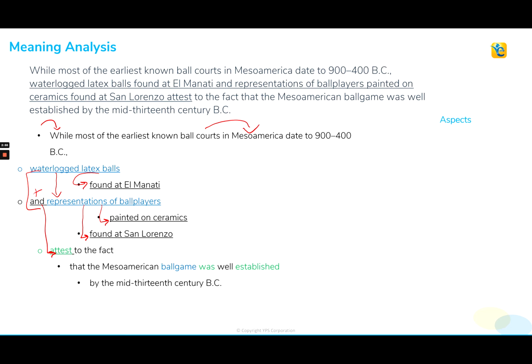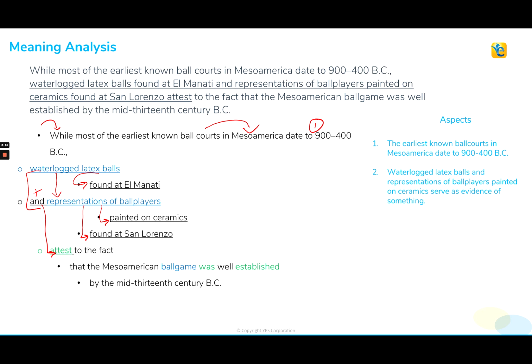It's a context-heavy sentence, and when you have something that's context-heavy like this, it's great to pull these key aspects out and make sure you understand everything that's going on. So the first thing we know is that these earliest known ball courts in Mesoamerica date to 900 and 400 BC. This is that first piece of the sentence that we saw right up here.